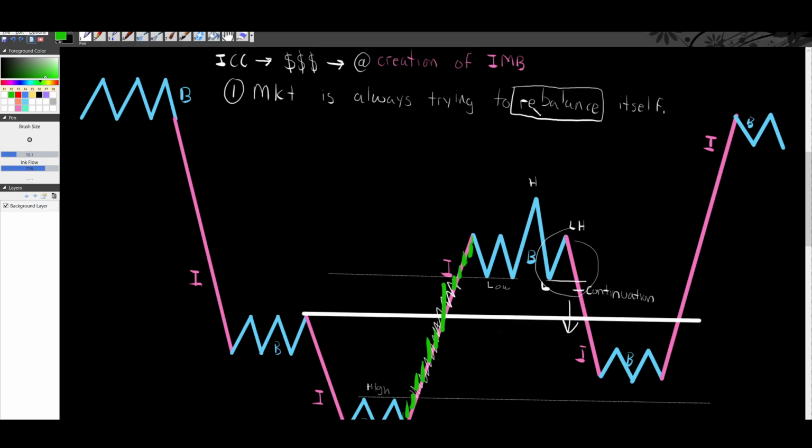We're talking about this concept of rebalance right here. What does it mean for the market to rebalance itself? And in order to understand what it means for the market to rebalance itself, we need to understand human behavior. Okay?